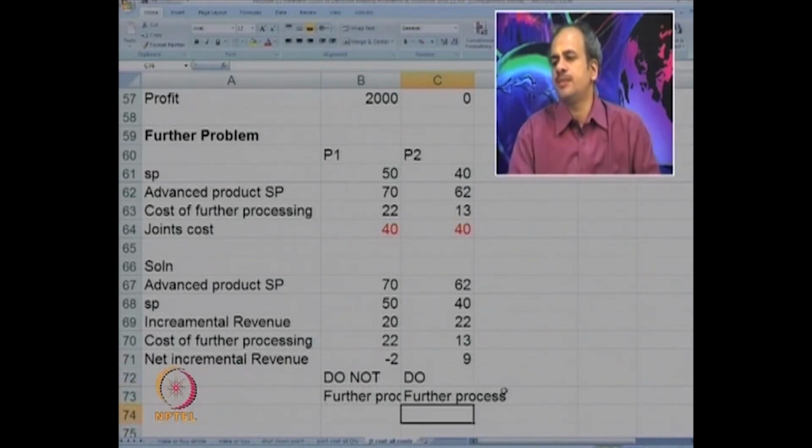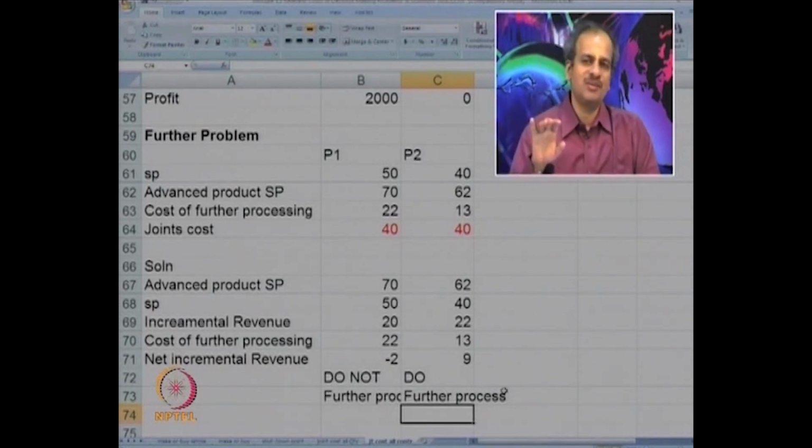So this is the decision: in case of P1 it is not good to go for further processing, while for P2 it is good for further processing.